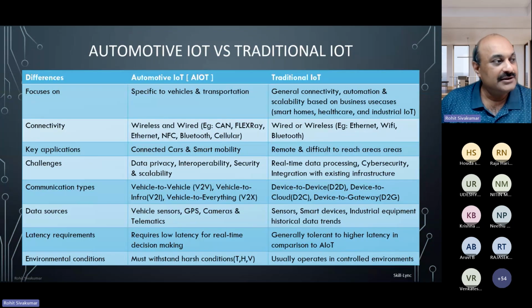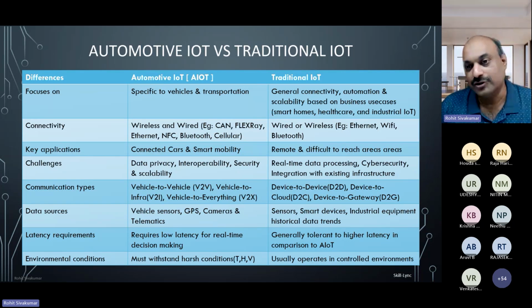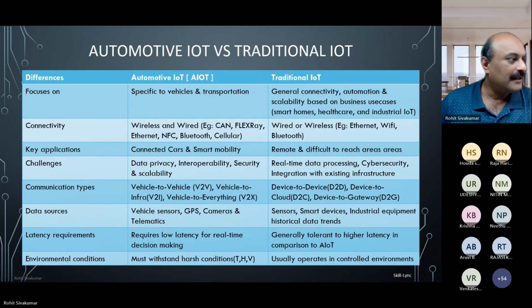In terms of latency, your data has to be real fast in terms of processing and taking quick actions on the automotive IoT side, while on traditional IoT it's not that stringent. Of course, if you're looking at robotics in the automotive manufacturing sector, there you need immediate actions, but I'm just talking about very traditional IoT.